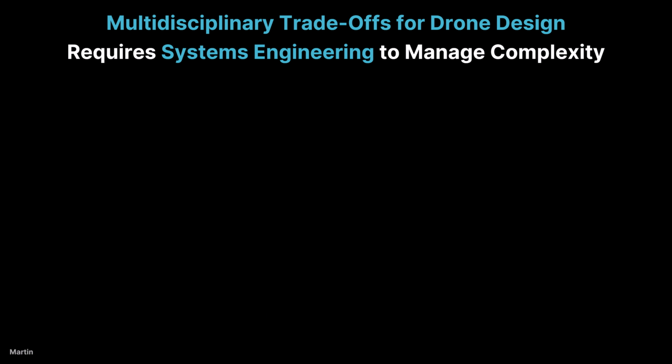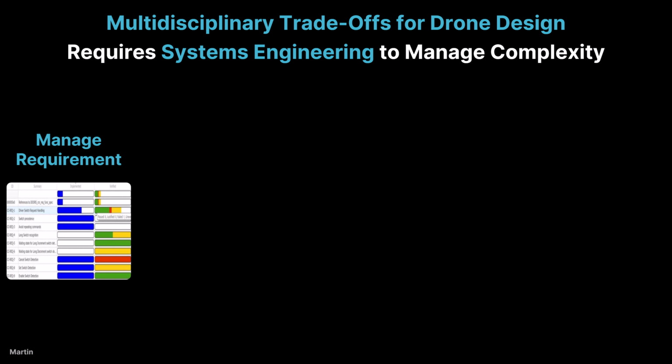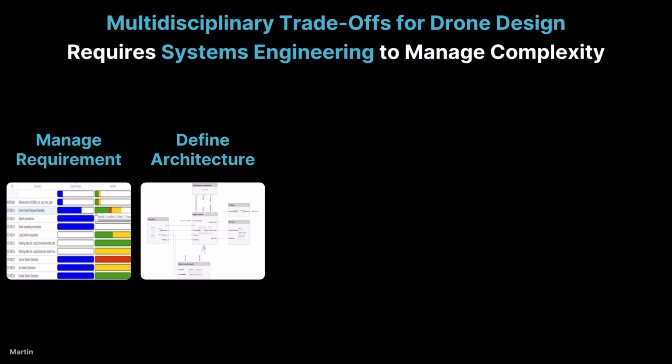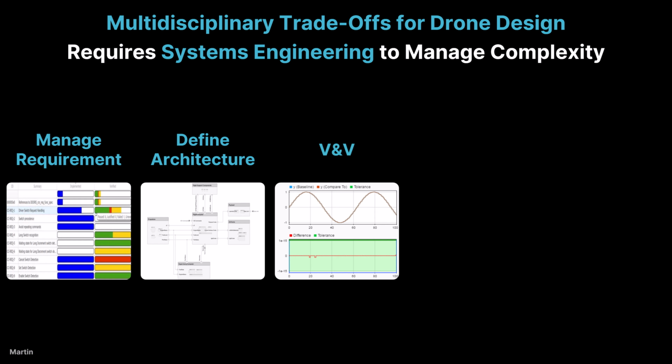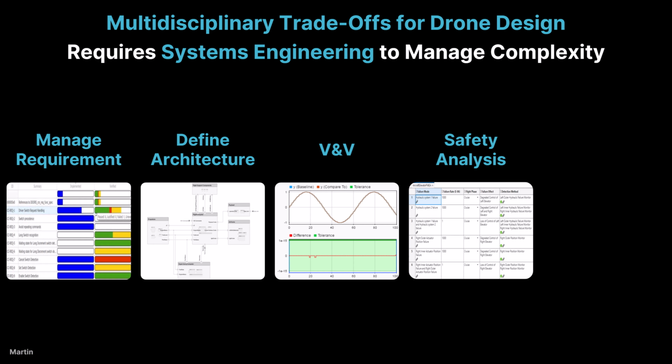Designing drones involves trade-offs across multiple disciplines: mechanical, electrical, software, aerodynamics, and control systems. Managing this complexity requires a systems engineering approach. Systems engineering enables teams to capture and manage requirements across domains, define system architecture that reflects functional and physical structure, establish a verification and validation workflow to ensure the system meets its requirements, conduct safety and reliability analyses, critical for regulatory compliance and mission assurance.